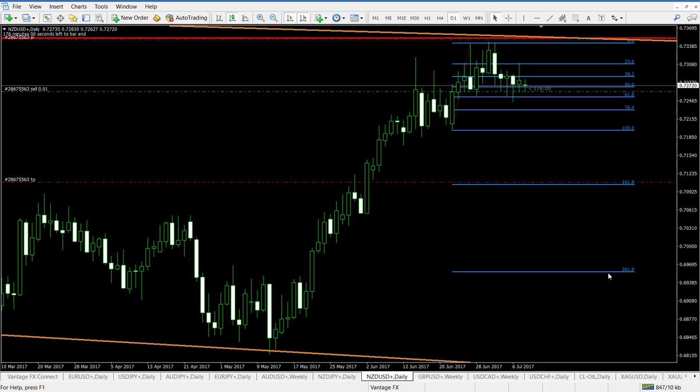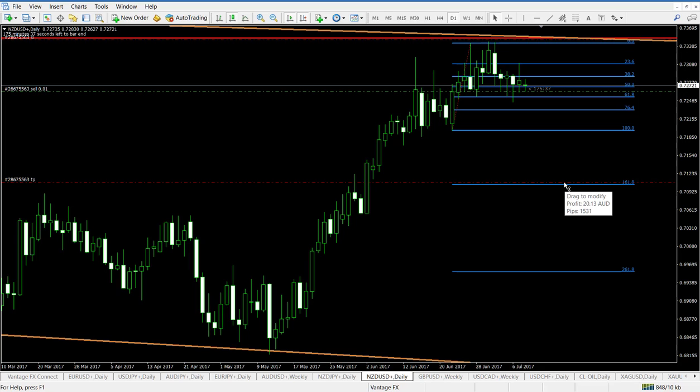The second target, if I enter again in this position, as you can see in the EURUSD, if I have the second position, probably the market is looking good.